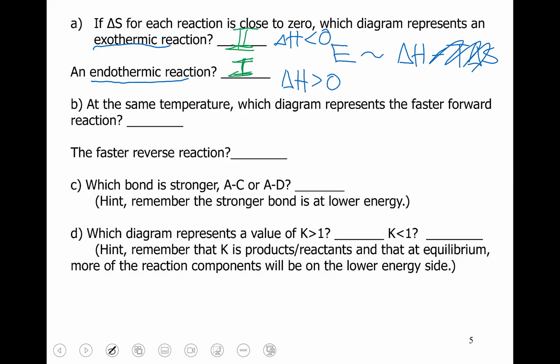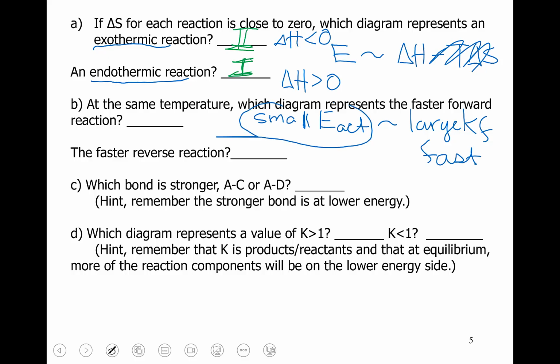Our next question asks, at the same temperature, which one represents the faster forward reaction? A small energy of activation is proportional to a large forward rate constant, which means the reaction is fast. So I essentially need to look for the one with the smallest energy of activation in the forward direction.